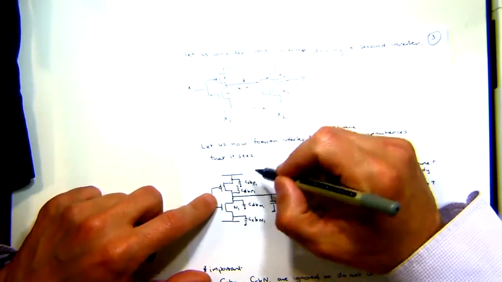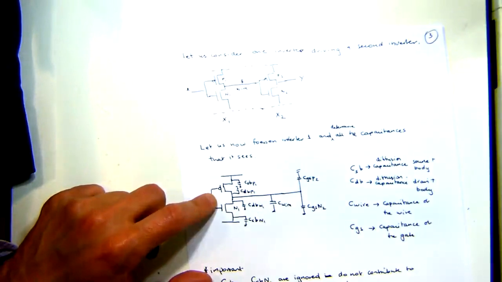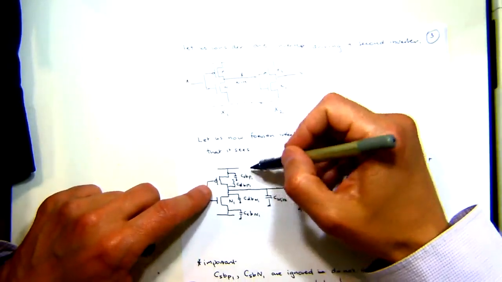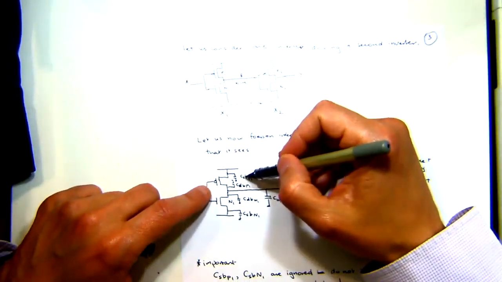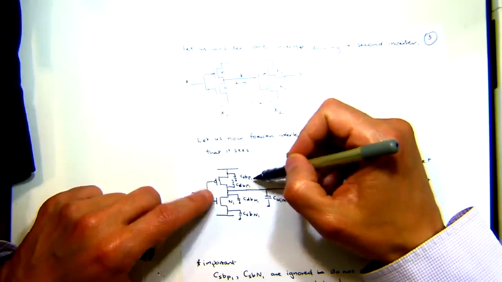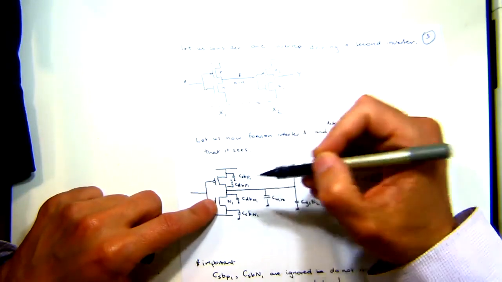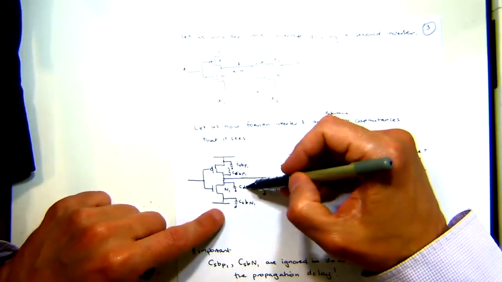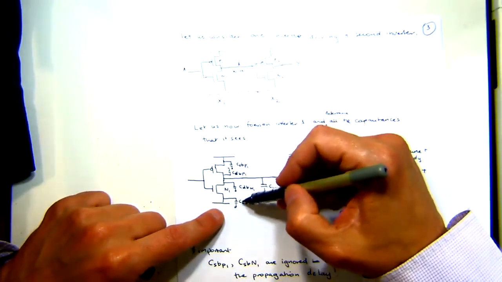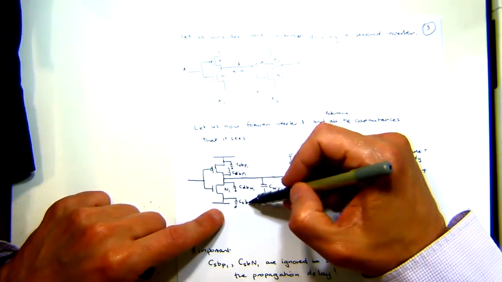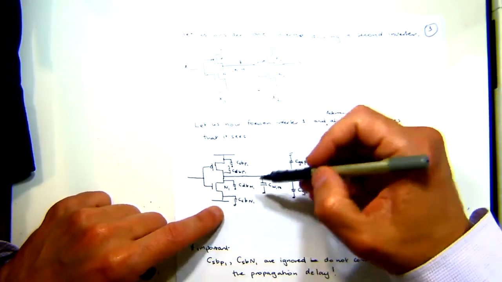And since I don't like putting a second S because it confuses everything, I'm working out the capacitance from the source to the base for the P-type device, the drain to the base for the P-type device, the drain to the base for the N-type, and the source to the base for the N-type.